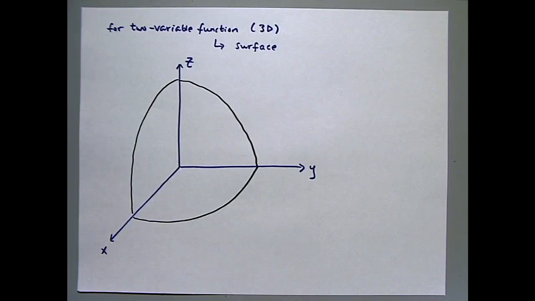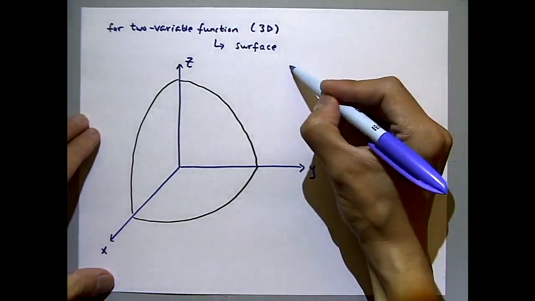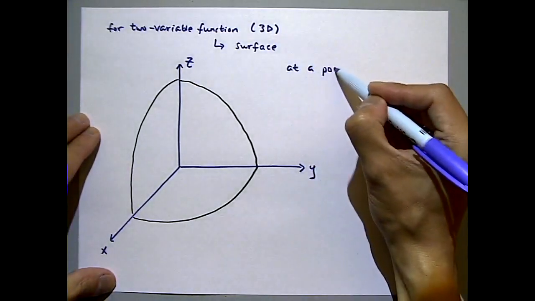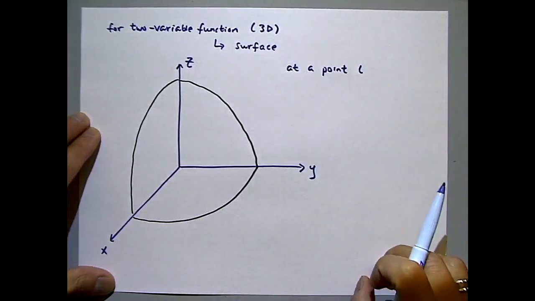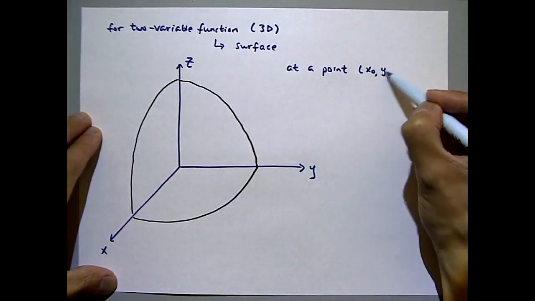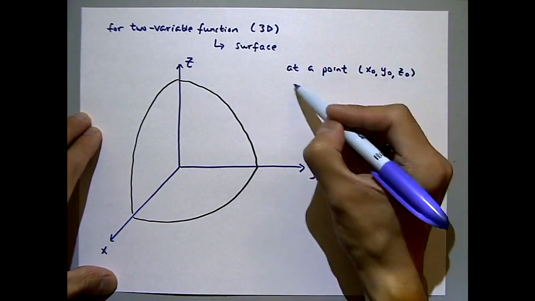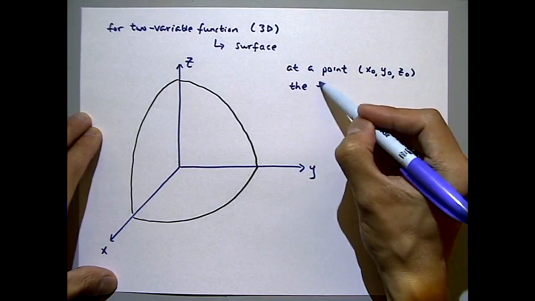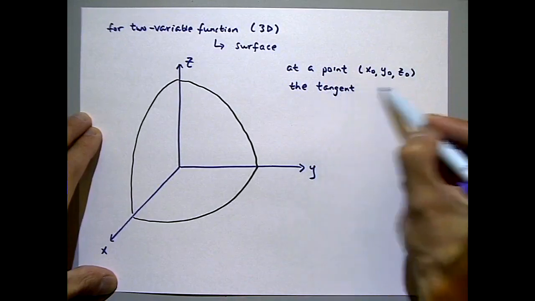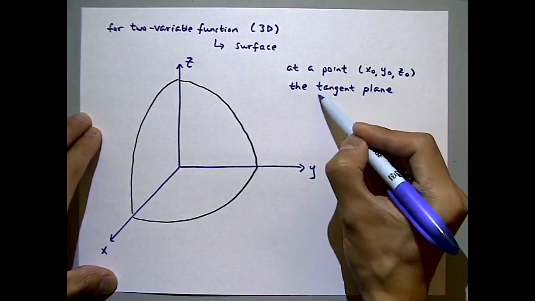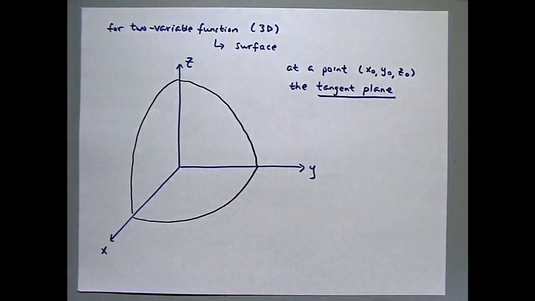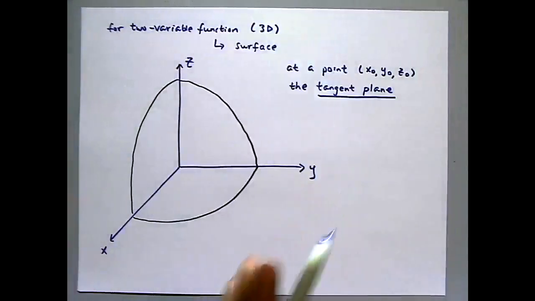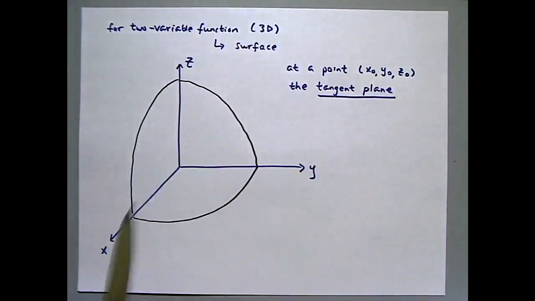Instead of forming a tangent line at a point, we'll call that point x0, y0, z0. Instead of forming a tangent line, now we're dealing with a tangent plane, because there are infinitely many tangent lines at any given point. If you collect all of those tangent lines together, you get a plane. So that's the tangent plane.